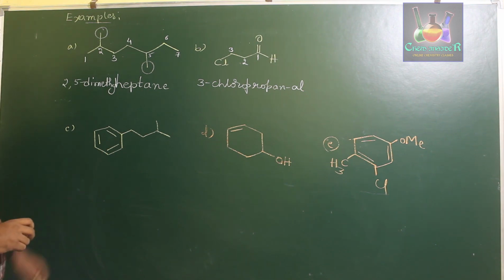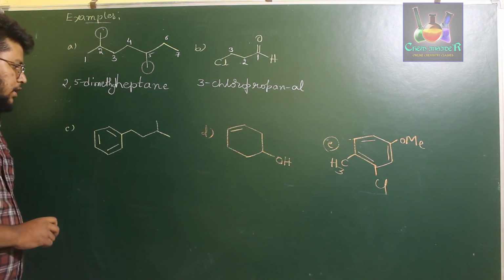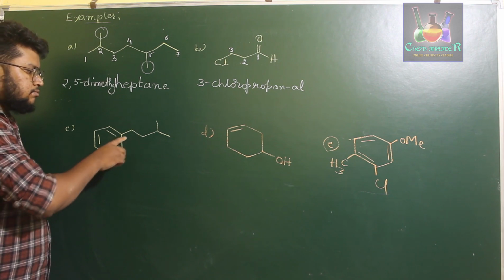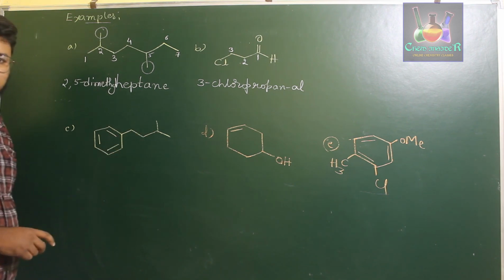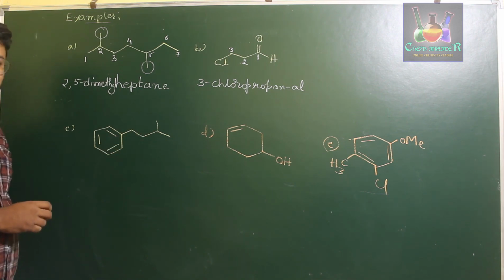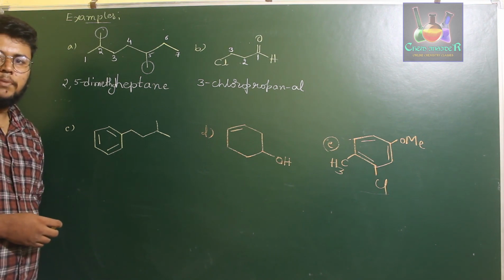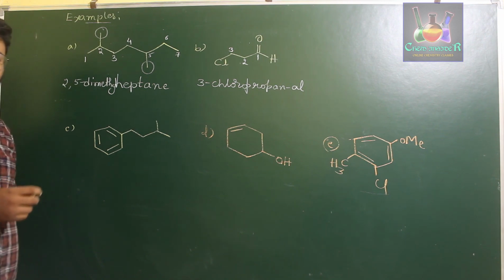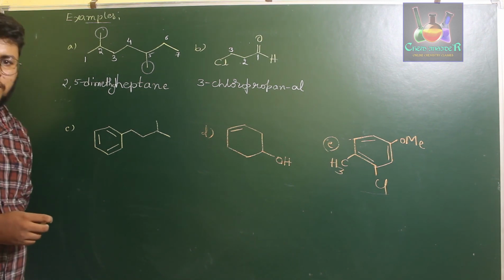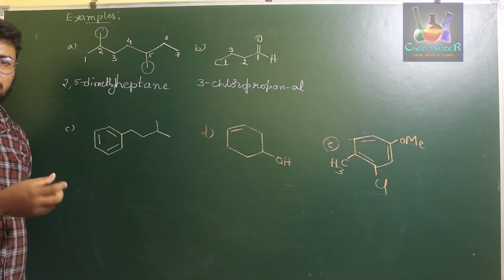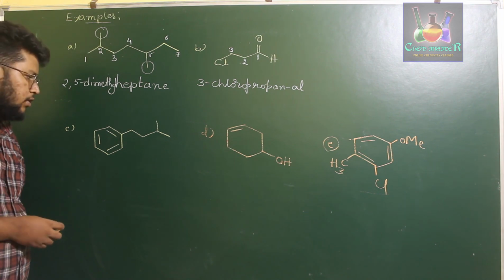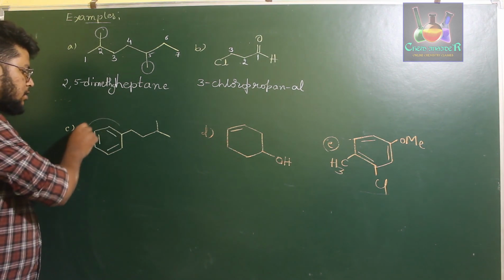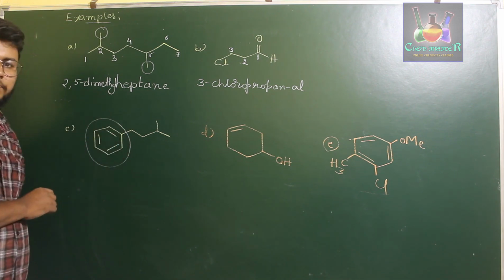3-chloropropanal. Now, in this particular condition, we have a benzene ring and a side chain hydrocarbon. Remember, when we discussed the IUPAC nomenclature of benzene and its compounds, what we said was, whenever you come across a case where the benzene ring has a particular side chain present, we need to consider the benzene ring as our substituent.